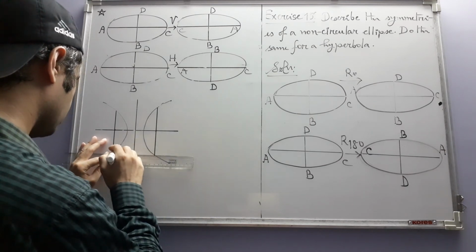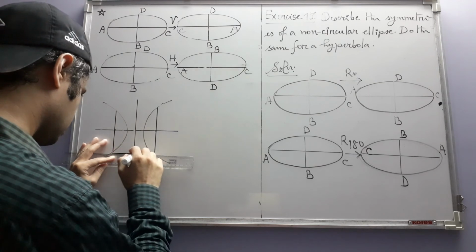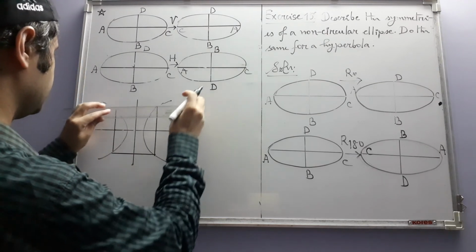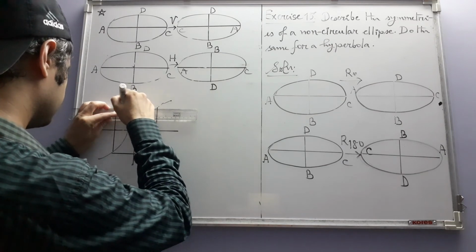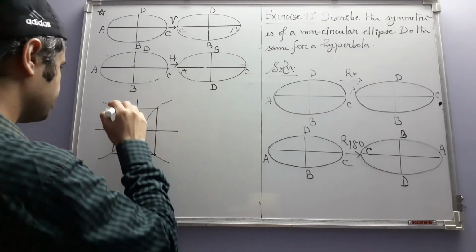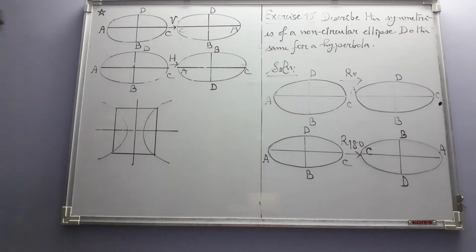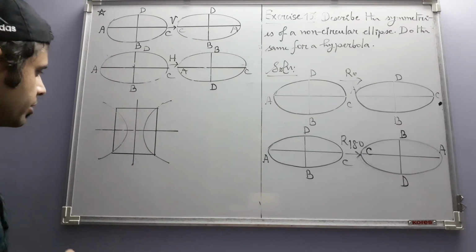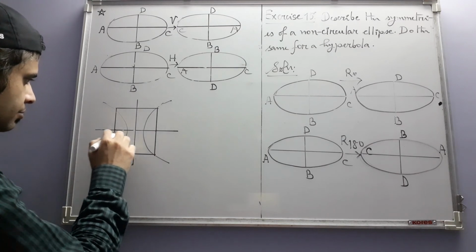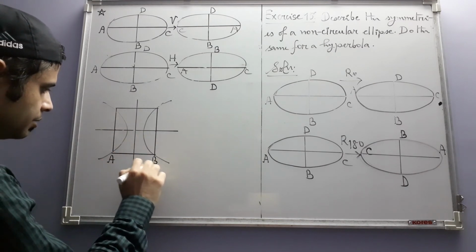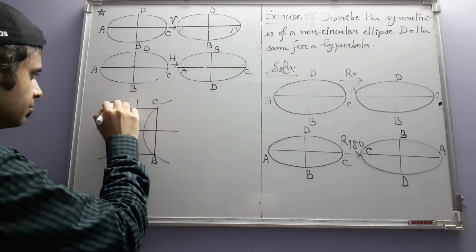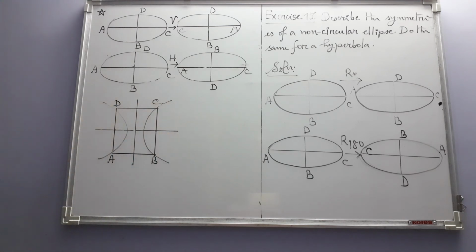I mean, the two lobes are not symmetrical, so that's why it's becoming like this. However, they will form a rectangle, and you can use this rectangle to gauge the symmetries of a hyperbola.